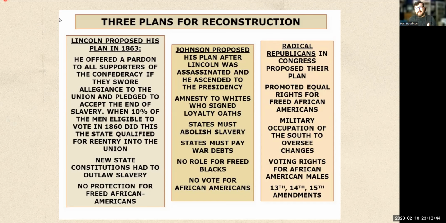Now, in some cases, it's needed after Johnson because you have Confederate people who get back into power and just keep on acting like they never lost the war, right? Keep intimidating. They don't uphold that equal protection. They don't try to change any of their ways.